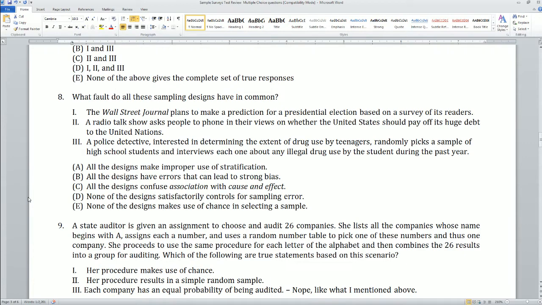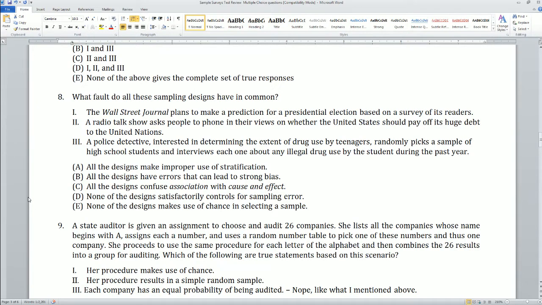Okay? Now, tell me what biases occur in one. The Wall Street Journal plans to make a prediction based on a survey of its readers. What is that bias? Like you mean, is it simple, random, systematic? No, no. What sort of bias is it?